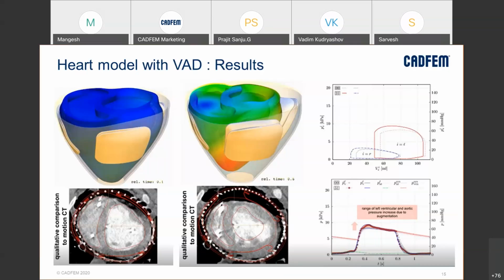So of course this heart is an animal heart, and that's where they were able to also place such a device and extract this information. But yeah, if you look at the result, we see that there is a good agreement, and this particular strategy can be very effectively used to develop such a device.